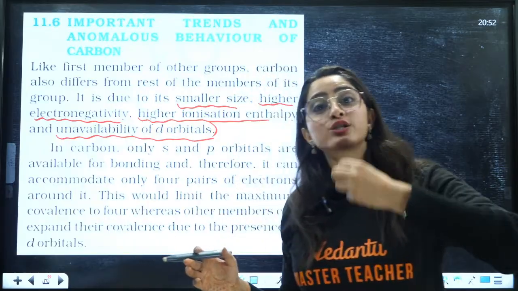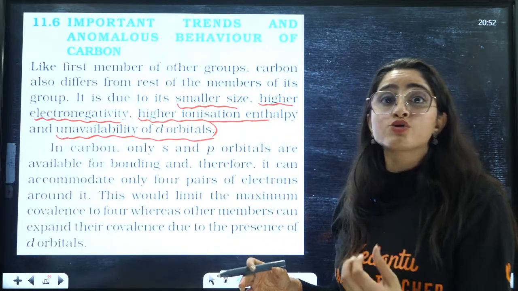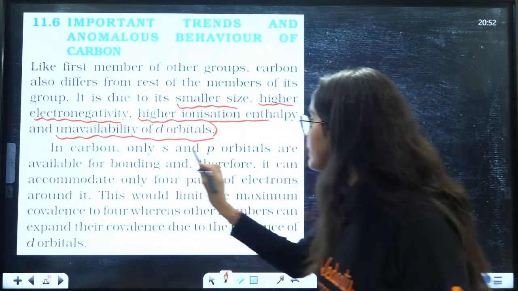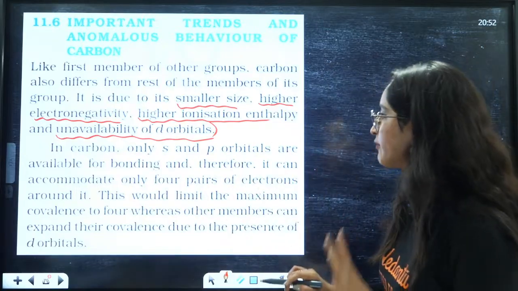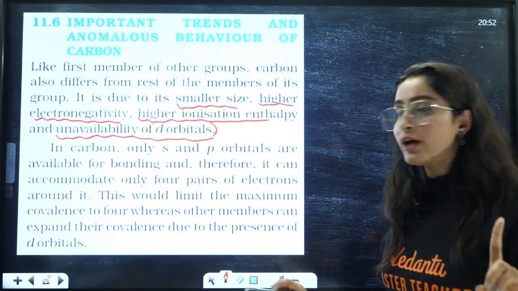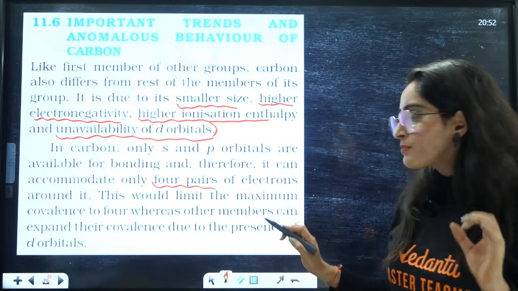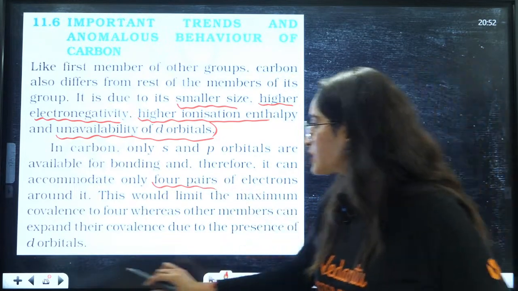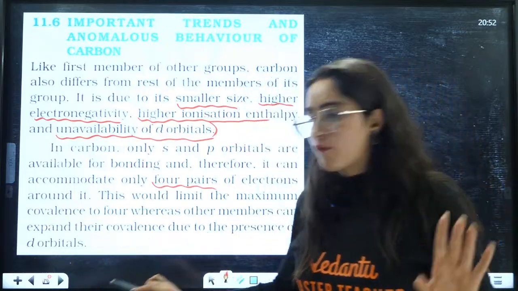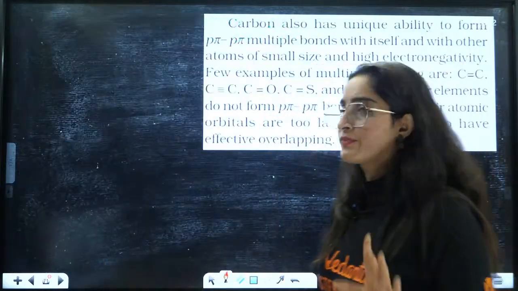That is why it cannot expand its covalency, and that is why it is not hydrolyzed. In carbon, only s and p orbitals are available for bonding. Therefore, it can only accommodate 4 pairs of electrons. This limits the maximum covalency to 4, and it cannot expand the covalency beyond 4.